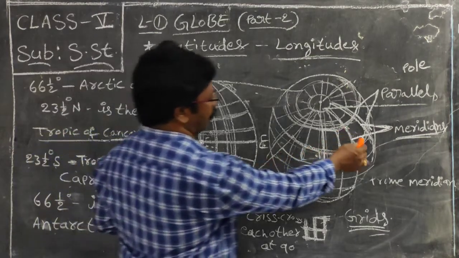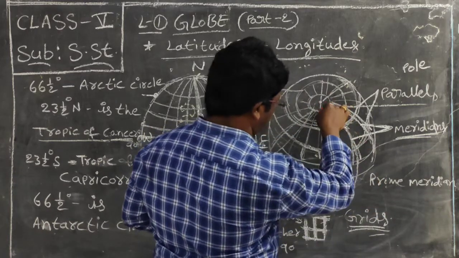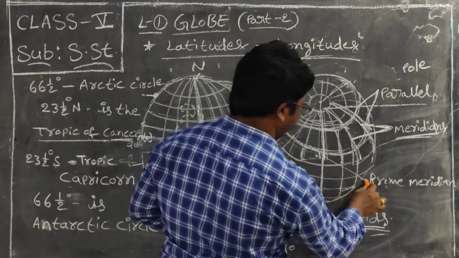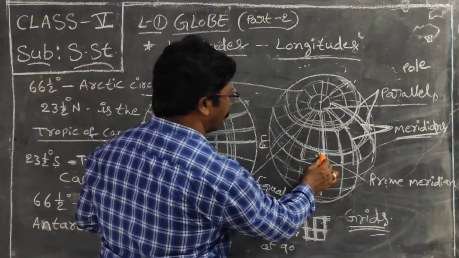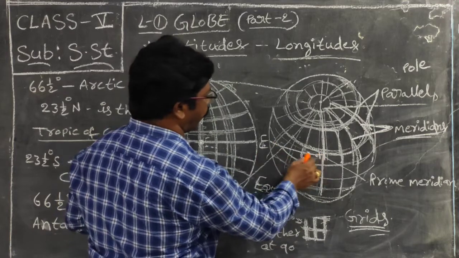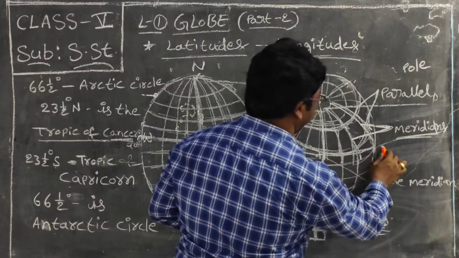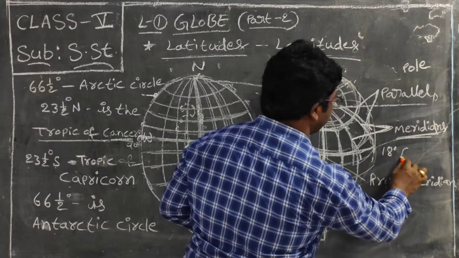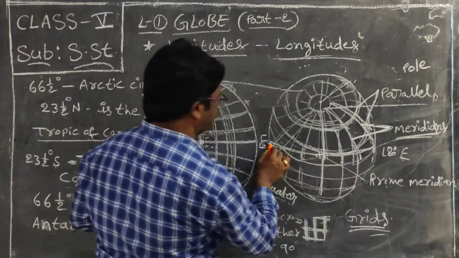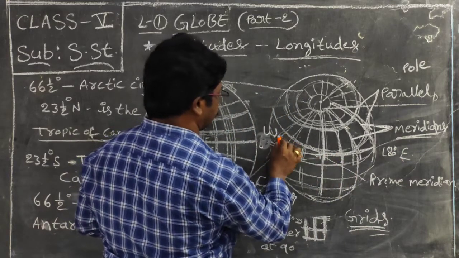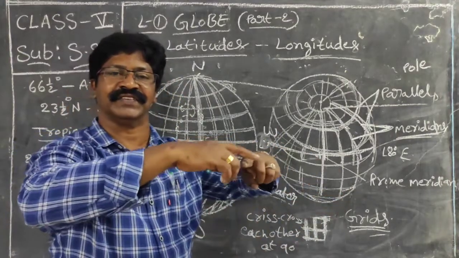From the prime meridian, the eastern side is 180 degrees east and the western side is 180 degrees west, totaling 360 degrees.